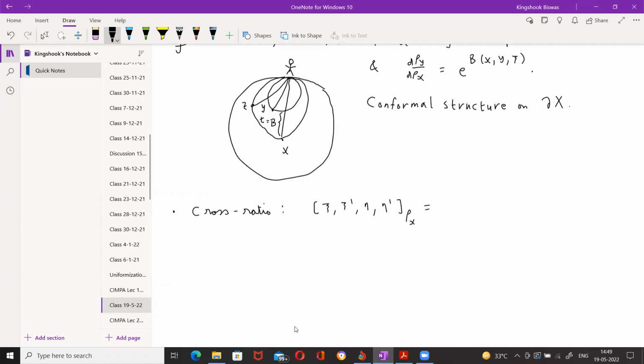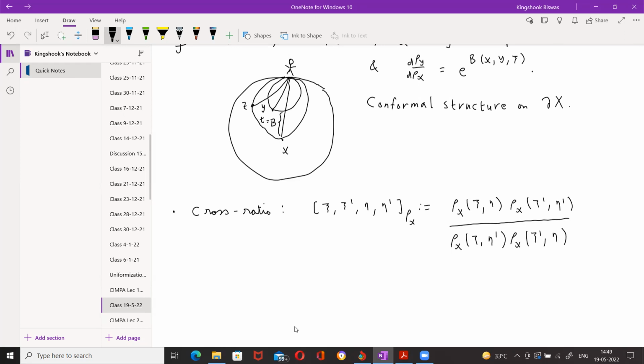This is defined to be rho x of xi eta, rho x of xi prime eta prime, divided by rho x of xi eta prime, rho x of xi prime eta, right?